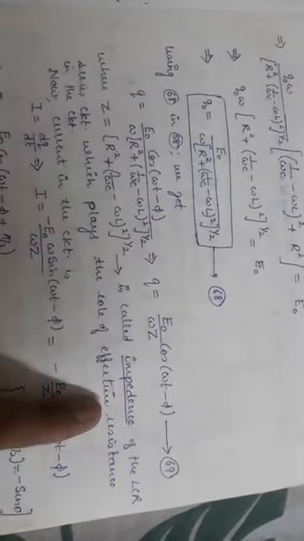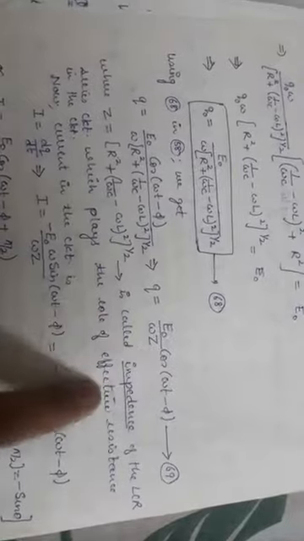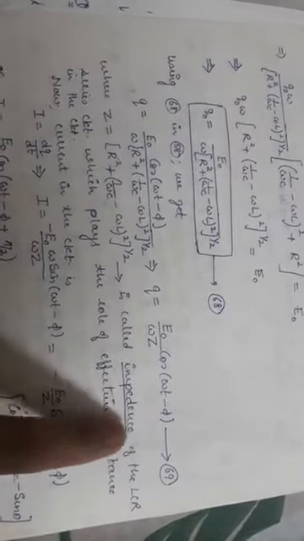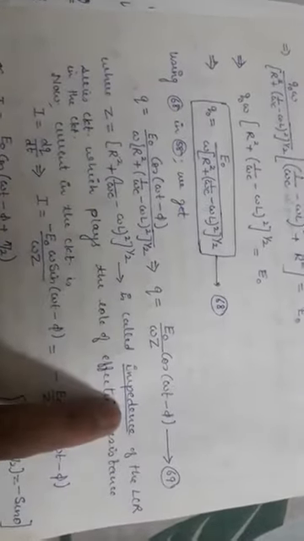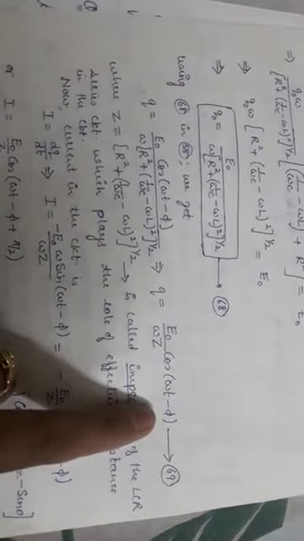Impedance plays the same role, because impedance comes into existence when there is a flow of AC. In case of AC, impedance means the net opposition offered by all the AC elements to the flow of alternating current. That is why I have put this bracketed quantity as Z. So this is your equation number 69, which is the solution of your differential equation of the oscillator.